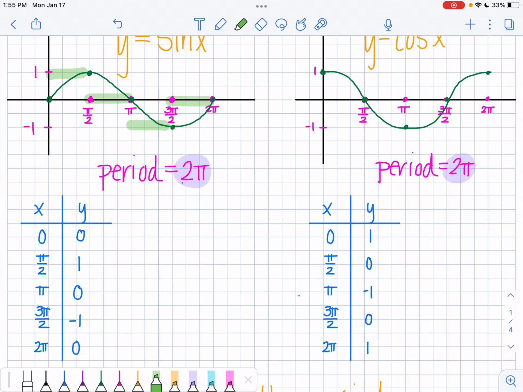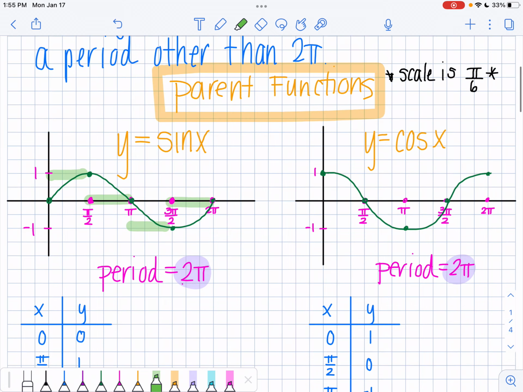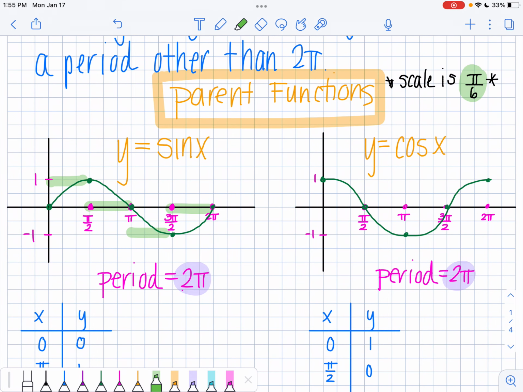They're each 3 grids away from each other. In this case, my scaling on my x-axis, I counted by pi over 6. However, you'll notice that they're 3 away, 3, 3, 3, because each point that we're graphing for our sine and cosine functions is equally spaced.